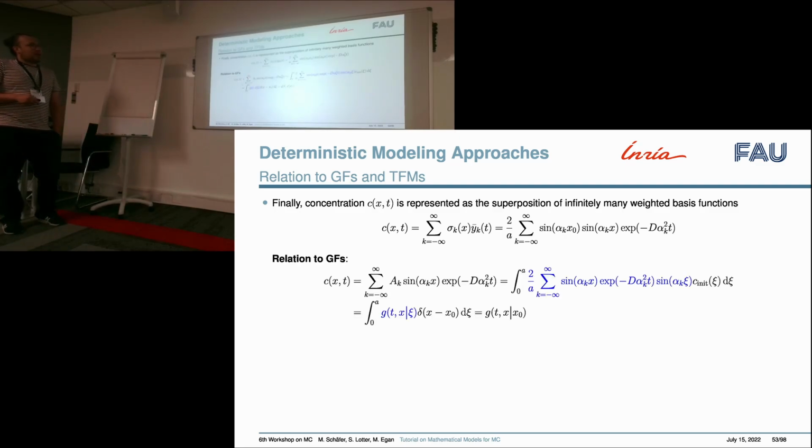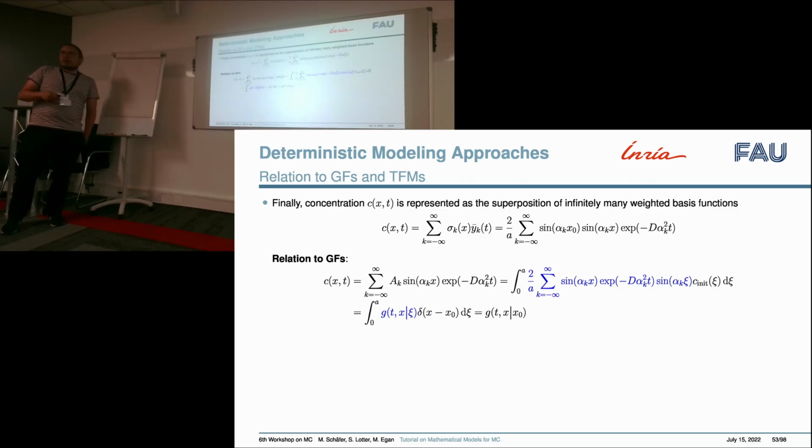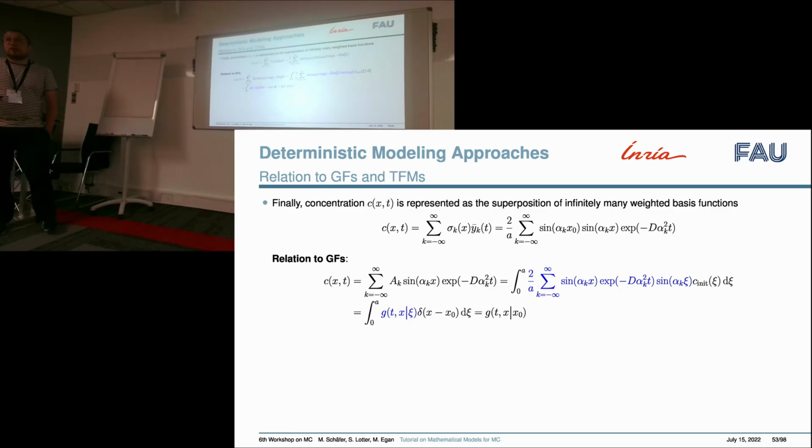When I take this equation and insert the expression for the A k's, I obtain this here, and the blue part is then the Green's function. Then we obtain a relation which is similar to what I proposed for the Green's function, and in this case, having the delta impulse, it's easy because the integral vanishes due to the shifting theorem.